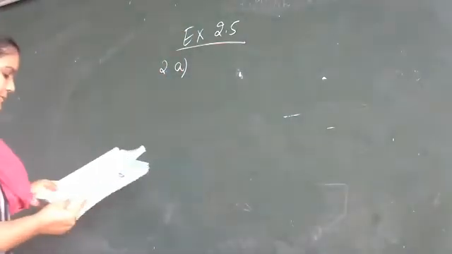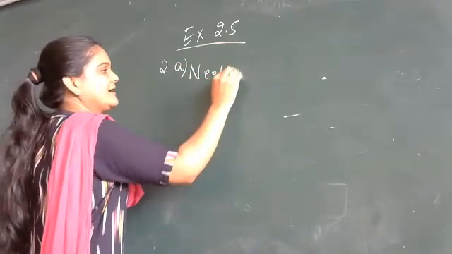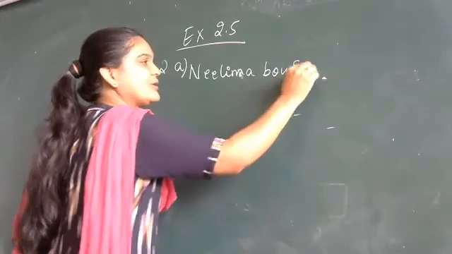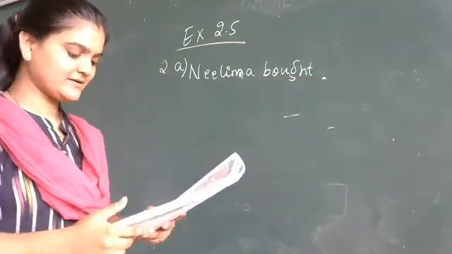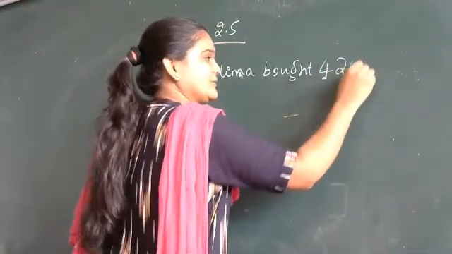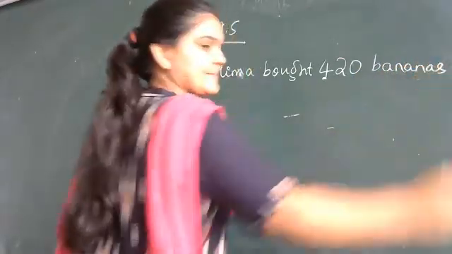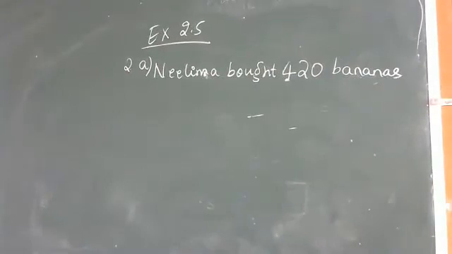So see, Nilima bought, first we will write, Nilima bought. Tell me what is the number? How many bananas did Nilima bring? 420 bananas. Okay, can you see the board fully?